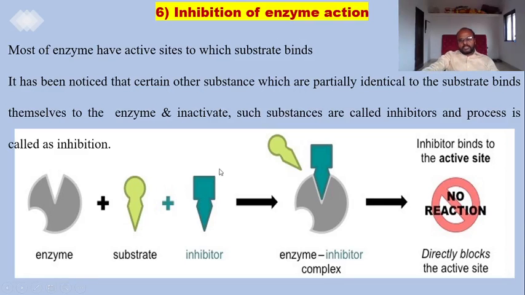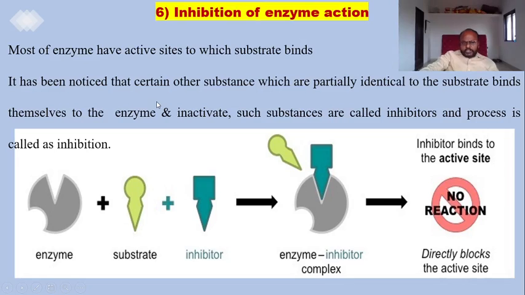The next property of the enzyme is inhibition of enzyme action. Most enzymes have an active site to which the substrate binds. So this is the active site of the enzyme, and on this active site the substrate will be bound.